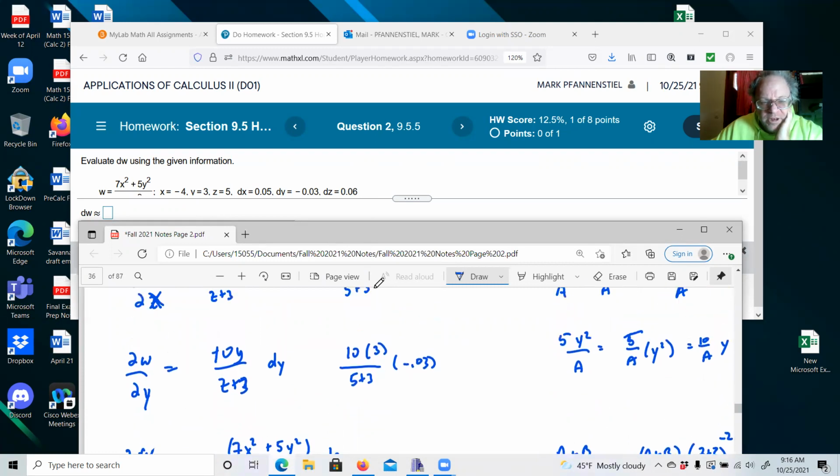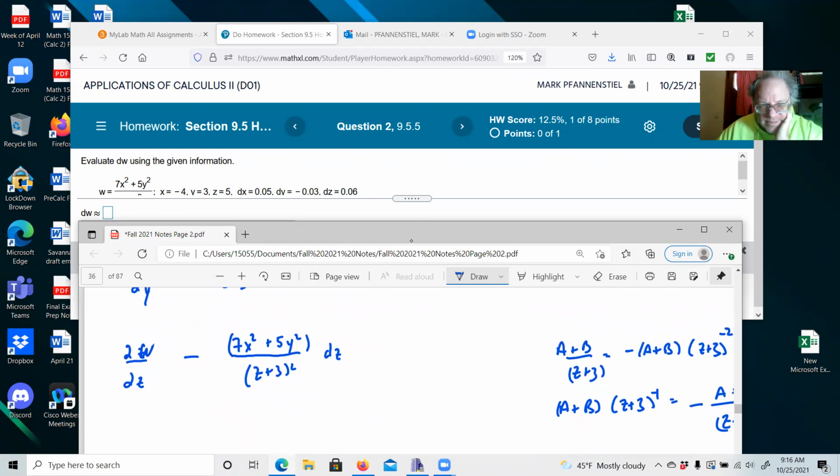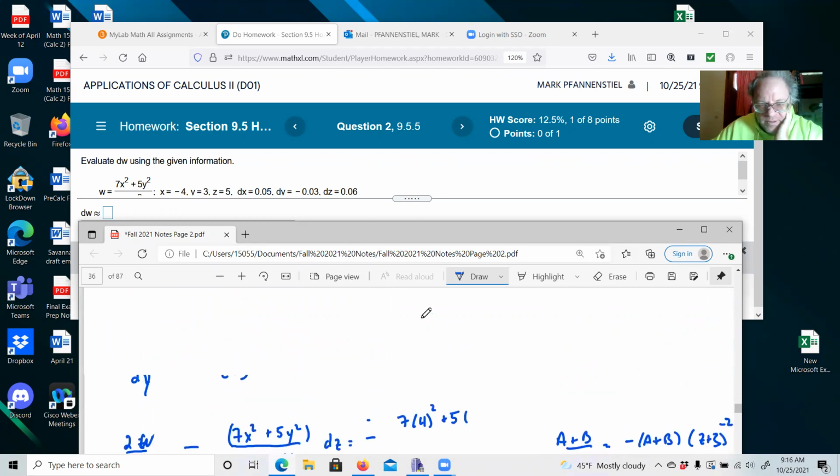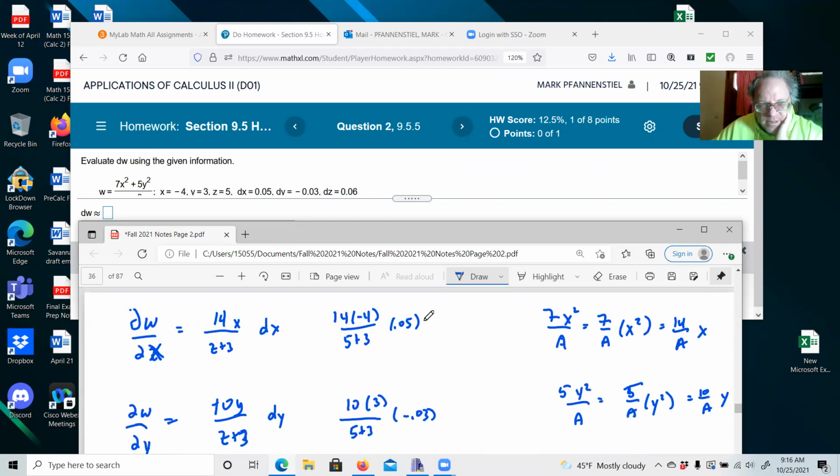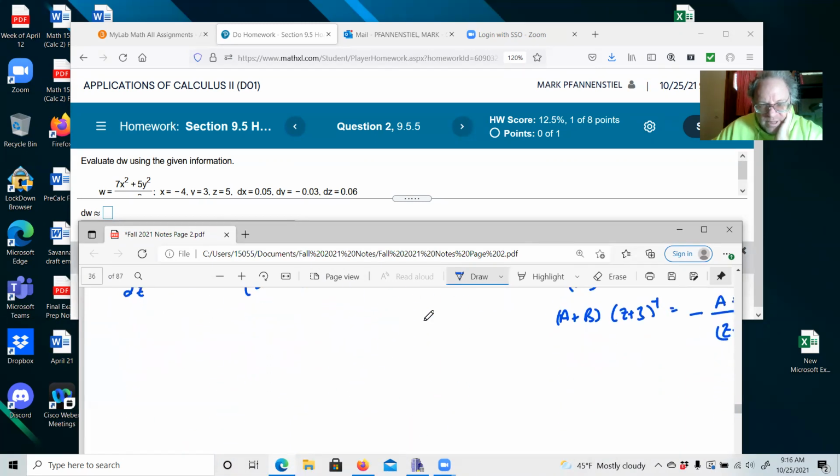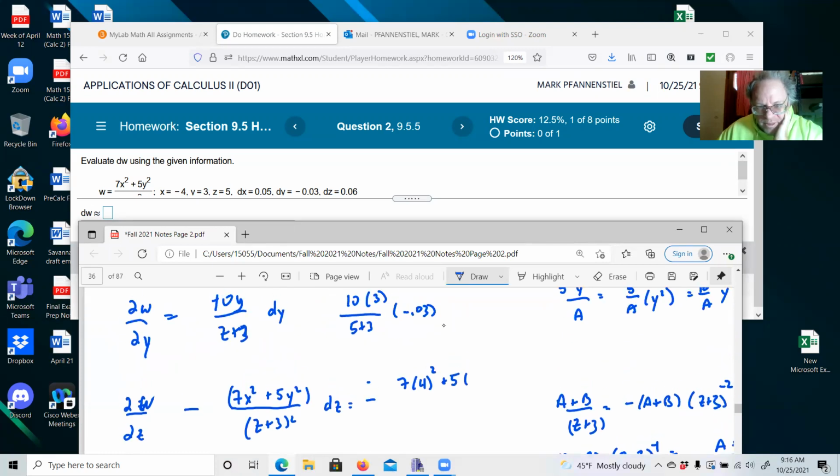Now this one's going to be a pain, because we have a negative, 7 times 4 squared plus 5 times, is that negative 3? No, it's just 3. 5 times 3 squared over 5 plus 3 squared, and then times positive 0.06.